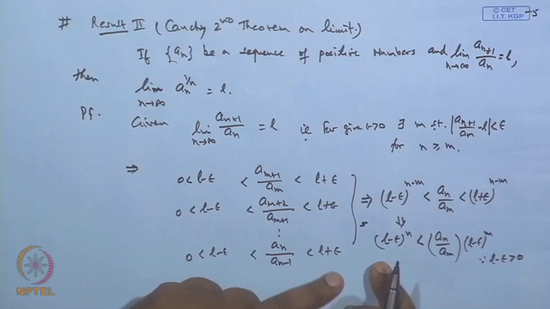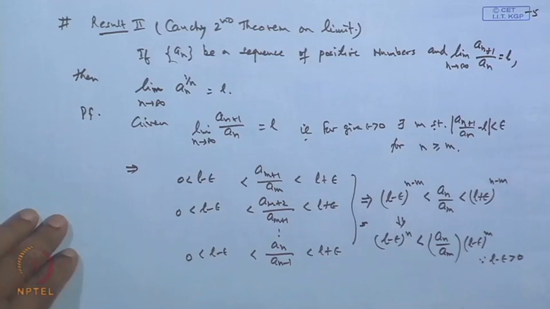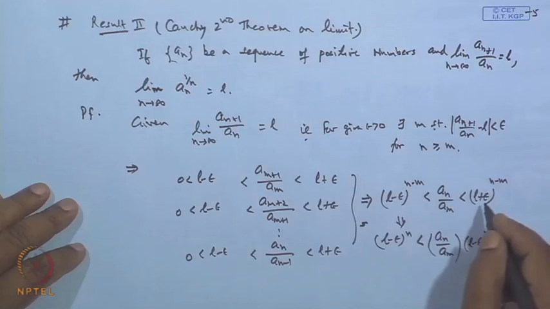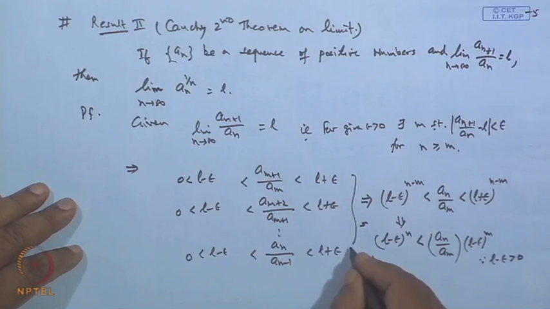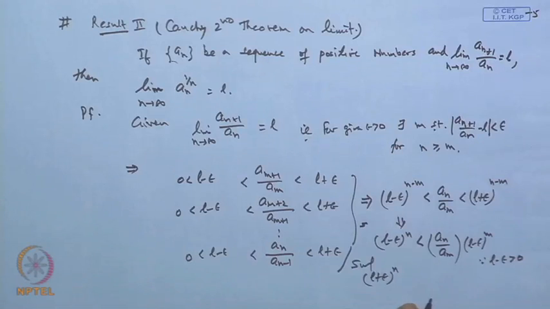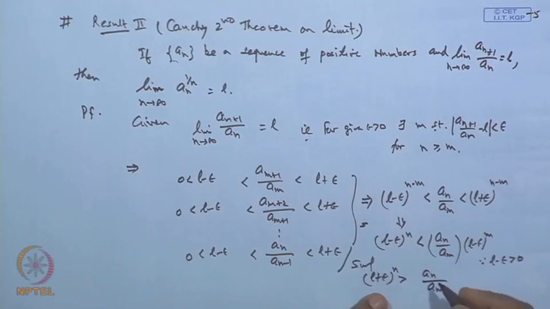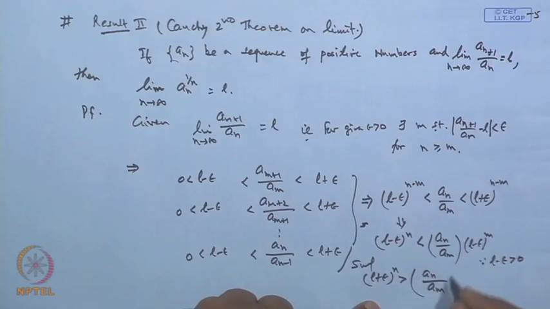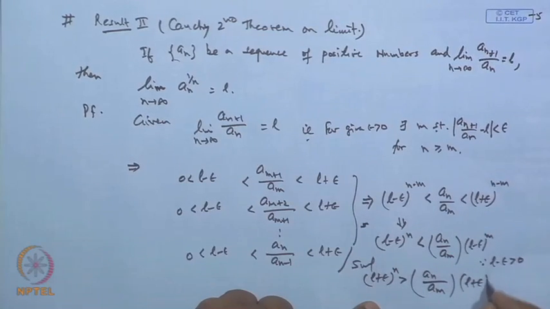Now, take the power 1 by n. Similarly, when you take L plus epsilon to the power n, here also we get that this is greater than a n over a m into L plus epsilon to the power m.